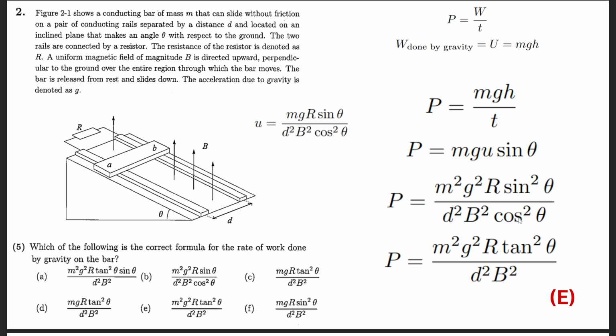And sine over cosine is just tangent, so we can write sine squared theta over cosine squared theta as tangent squared theta. So the answer is m squared g squared R times tangent squared theta over d squared B squared, that is E.